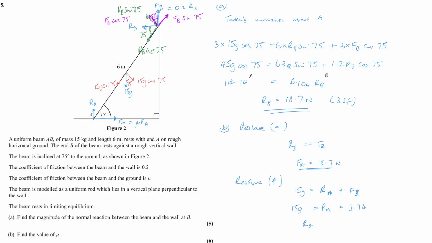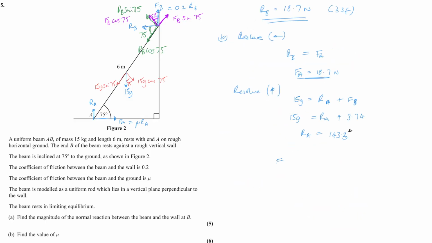So we can find out what RA is here: 15 times 9.8 minus the answer is 143.26, so 143.3, and I'll store that in my calculator as C in case I need it later.